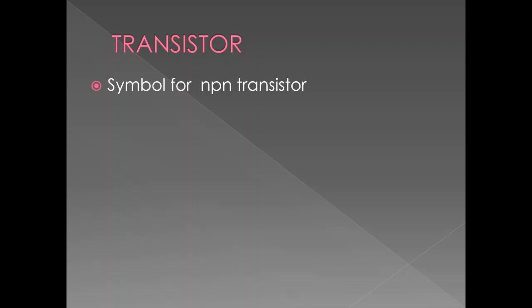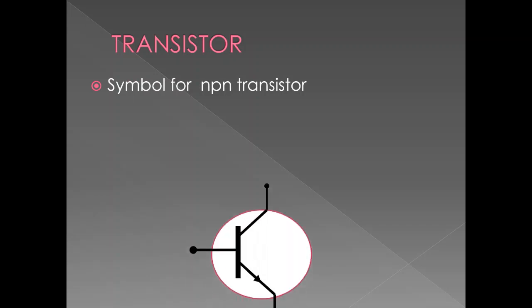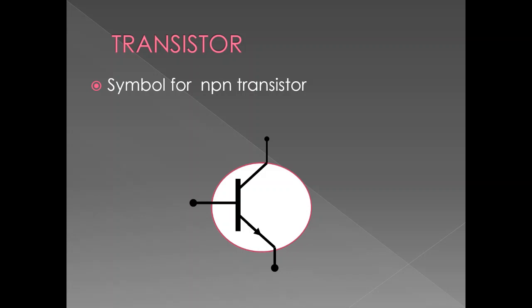So the symbol for NPN transistor. From the structure, we form the symbol. This is the universal symbol. Everyone who studies physics should know this is the symbol for the transistor.